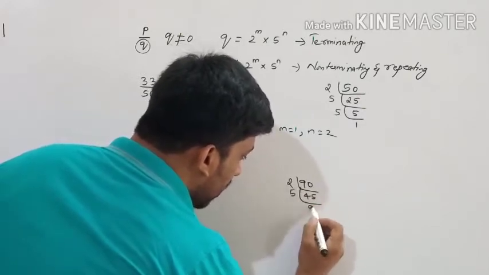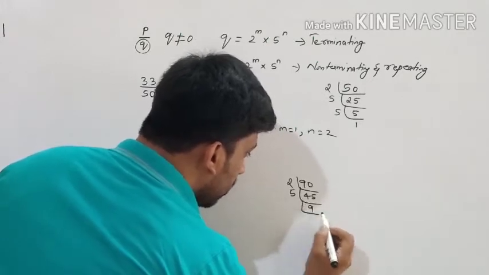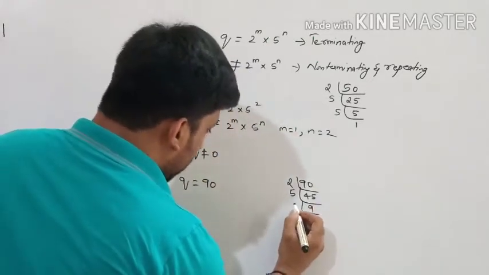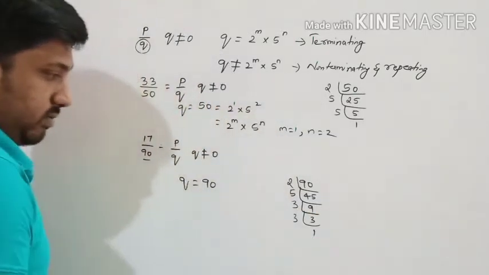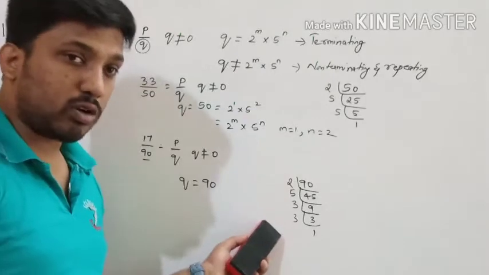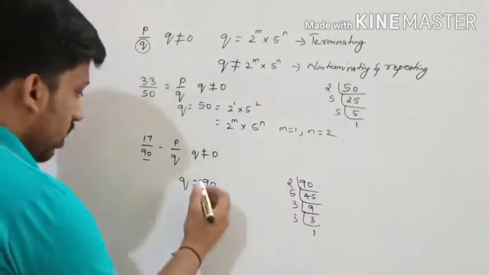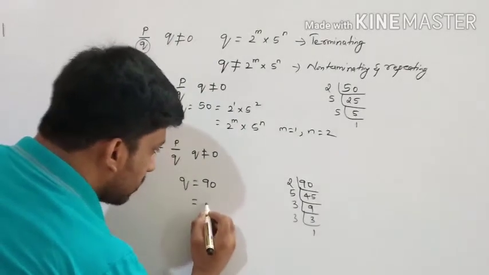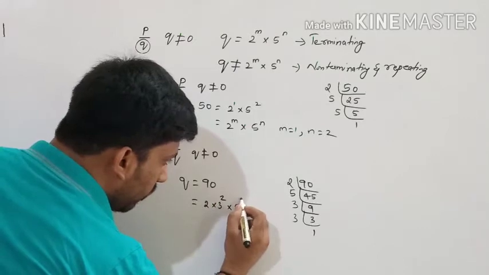So 5 into 9 is 45. And 3 into 3 is 9. Again 3 ones are 3. So many prime factors I got by applying the fundamental theorem of arithmetic. Now 90 can be written as 2 into 3 square into 5 to the power of 1.